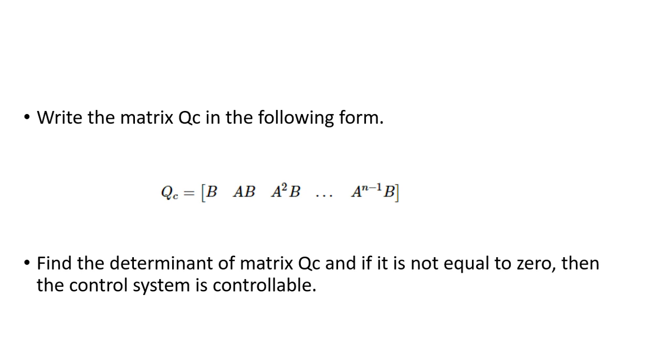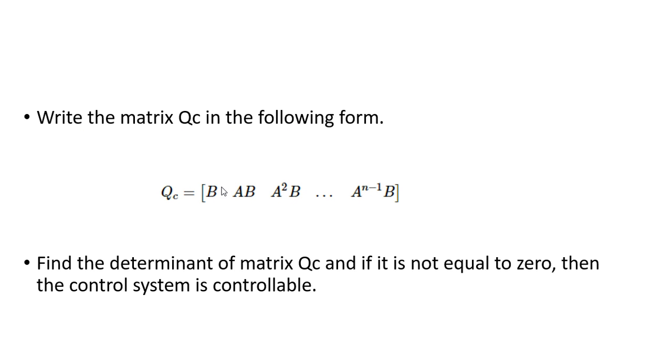Let us see that. Now write the matrix QC, where C is for controllability, in the following form. It is given by QC equal to the matrix [B, AB, A squared B, and so on, up to A raised to n minus 1 into B].